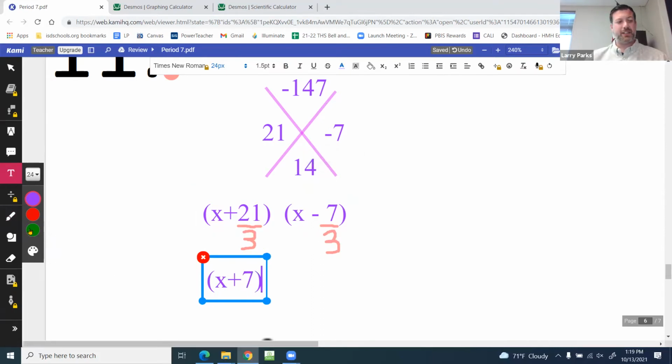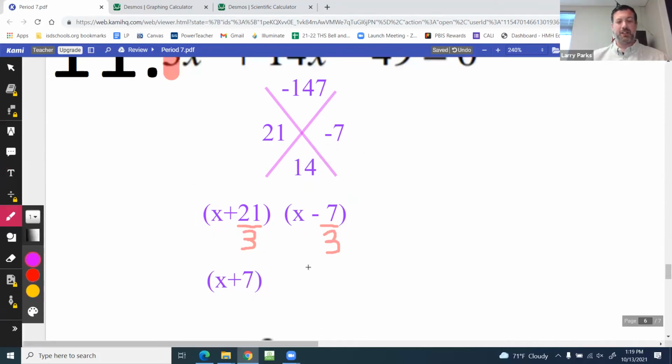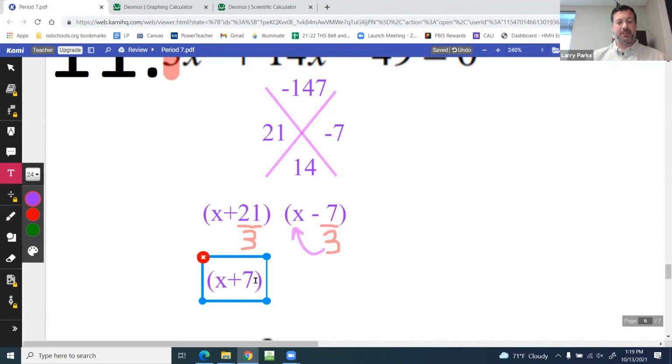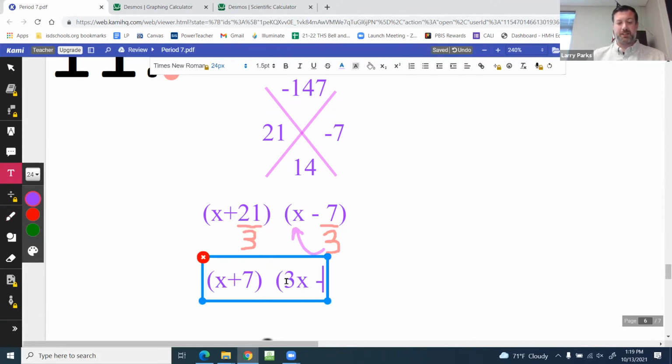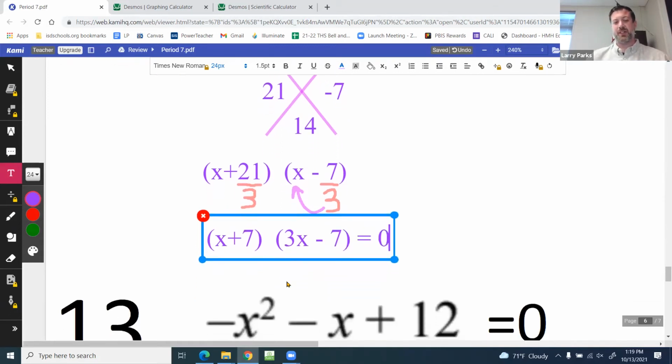Seven over 3 does not reduce. So remember, you take this 3 and you slide it to the front. And you get 3x minus 7. Now, all of this equals 0 we're trying to solve.